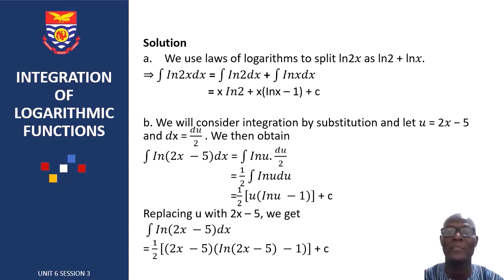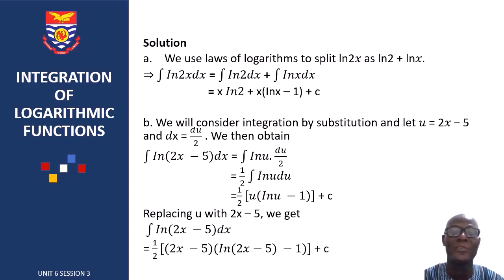Hence, ln 2x is expressed as ln 2 plus ln x, which implies that the integral ln 2x dx is equal to the integral ln 2 dx plus the integral ln x dx. Now, if we integrate ln 2 dx, it gives x ln 2. And by using the definition stated earlier on, the integral ln x dx gives x into braces ln x minus 1 plus c.